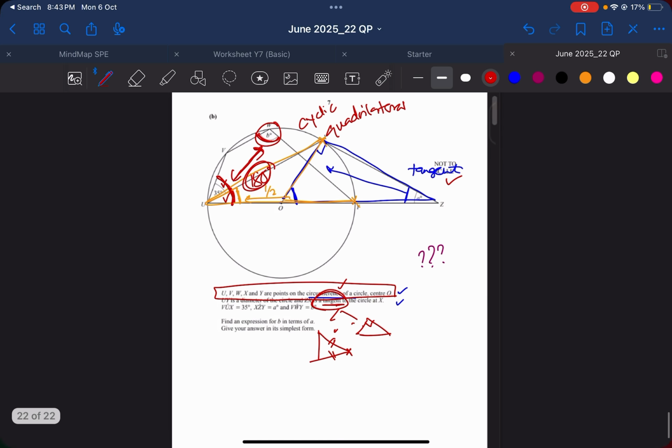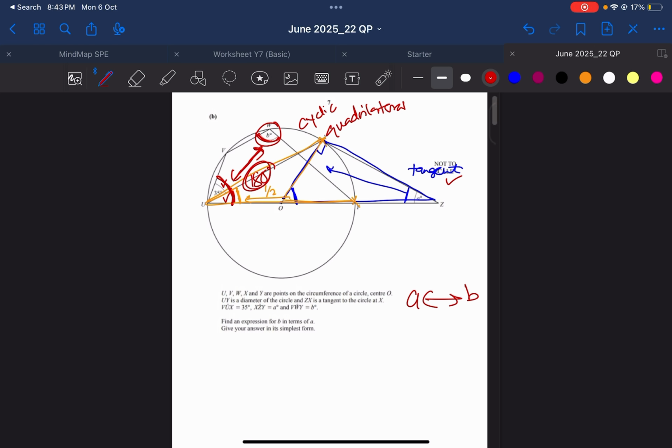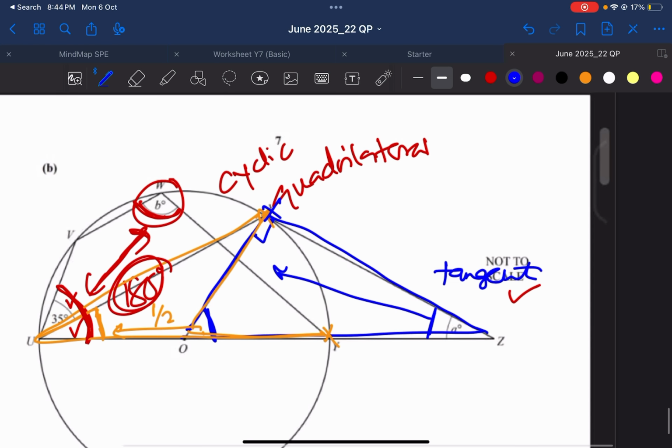Okay, so again, the idea is that we want to find the relationship between A and B. So we have to find that path. It's like a puzzle, I'm solving a kind of puzzle. Okay, let's start again. Focusing on the blue one, the blue is 180 minus 90 degrees minus A, which gives me the angle of, what is this, X?